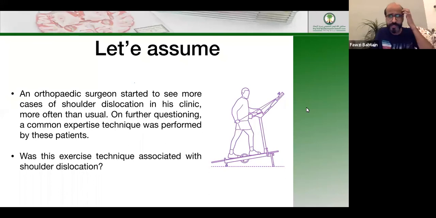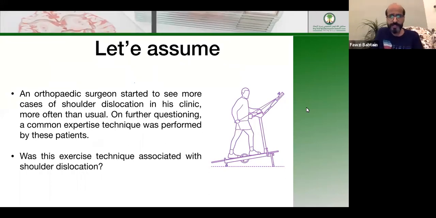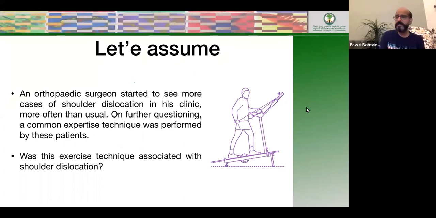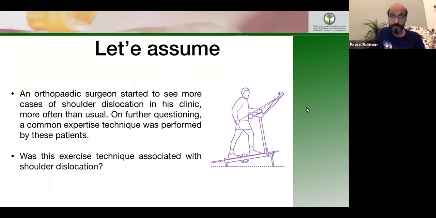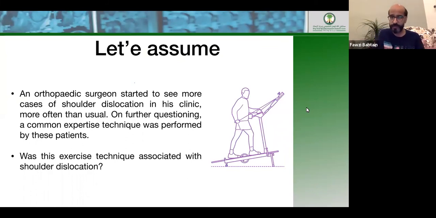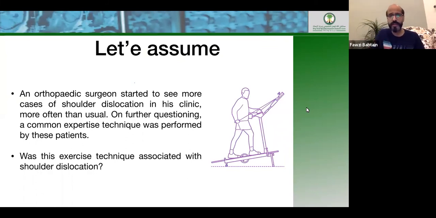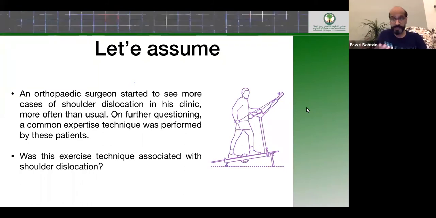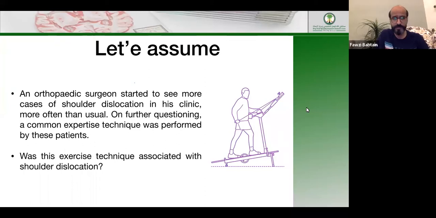Right. Now let's assume an orthopedic surgeon started to see more cases of shoulder dislocation in his clinic. He noted more than the usual, and it really hits his head. You know what? As if there is something wrong. Why do I have more cases of shoulder dislocation? On further questioning, he asked his patients.